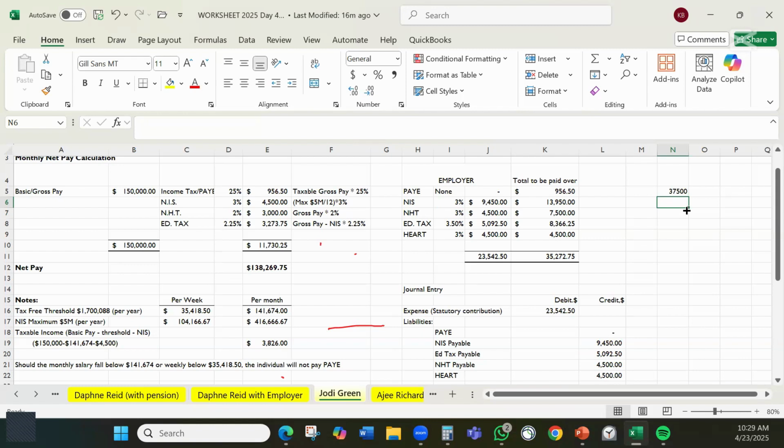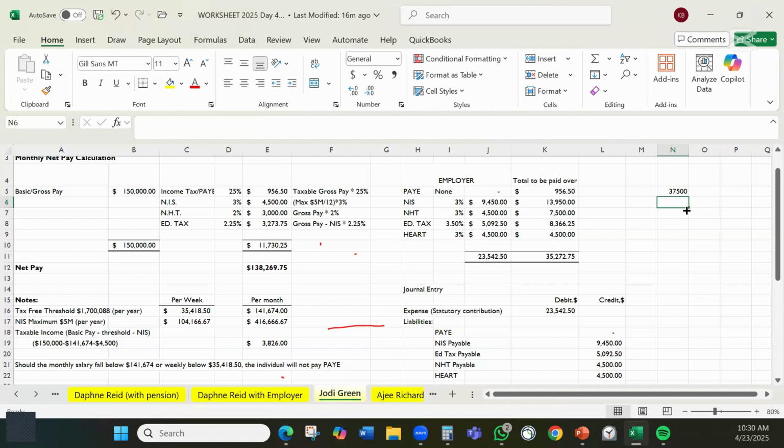So Nicholas, remember we're speaking about that, you have the threshold. So the government gives you this amount where it says, okay, anything below this amount, you won't pay tax on. So the threshold right now is the 141,674, which is really 1/12 of the $1.7 million that we have now. So you take out that 141 because you're not going to calculate any tax on that 141.